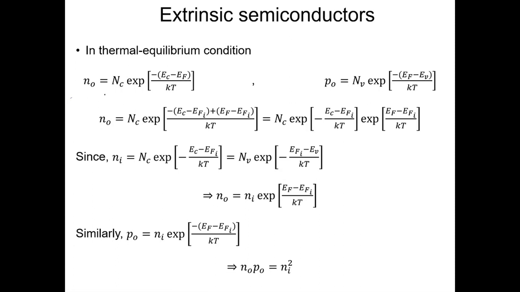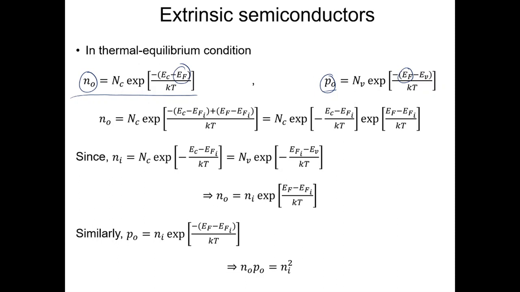Again, we use the same relation, and in this case it's not EFi, it's EF, and for holes again it's EF, not EFi. Now this Fermi level is the true Fermi level wherever it is, and we can see what happens. What's the relation between the excess electron concentration and the excess hole concentration?